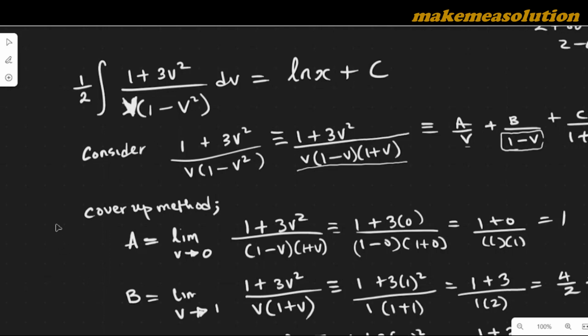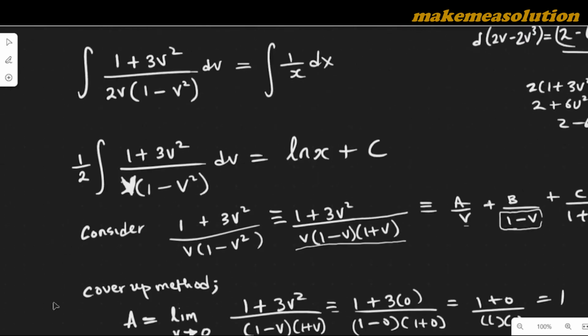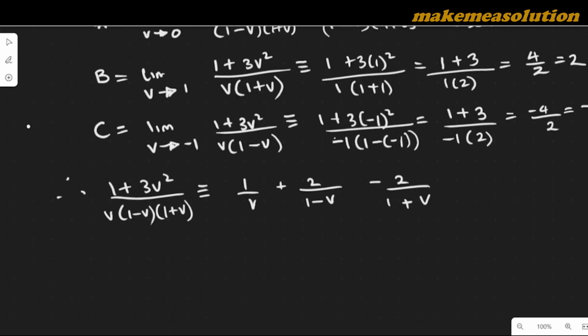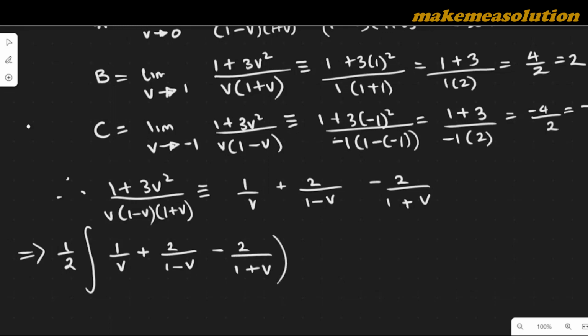So we have 1 over 2 integral of, in place of the partial fraction, I have 1 over v, plus 2 over 1 minus v, and minus 2 over 1 plus v, dv is equal to natural logarithm of x plus c.